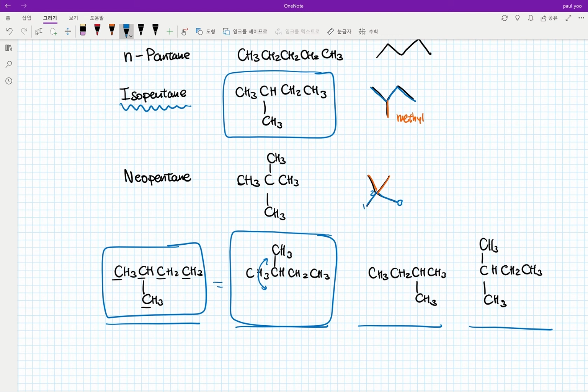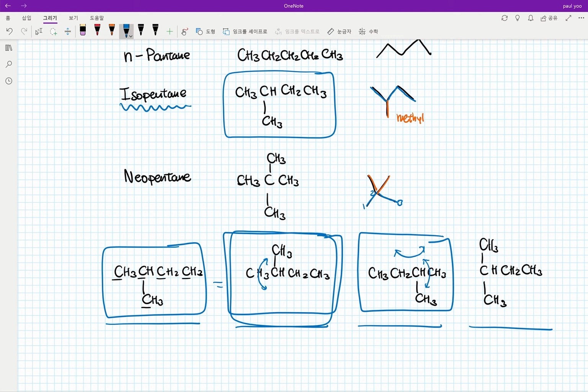And if you flip it upside down and right side left, you will also see this structure is equal to that structure. Now the last one is a little tricky, but this is still isopentane. If you simply move this carbon over here, then we will also see that it's still the same thing as the rest. So they all represent the same molecule, isopentane.